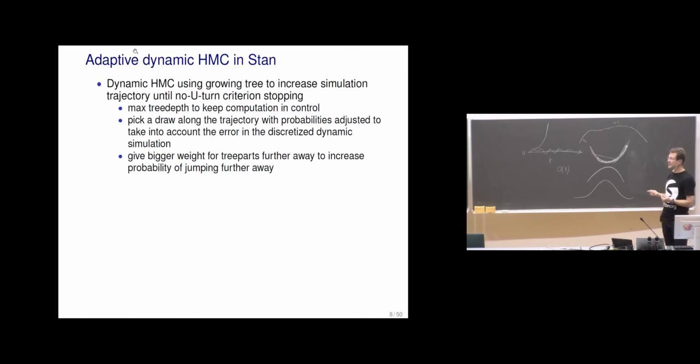It turns out that in some cases this makes the draws, or the Markov chain, have antithetic behavior, so that the first lag autocorrelation is actually negative.